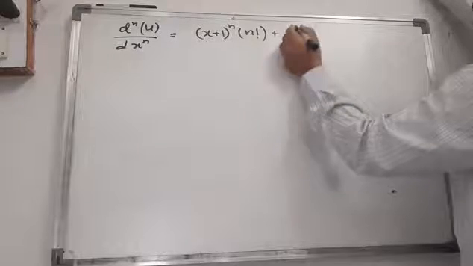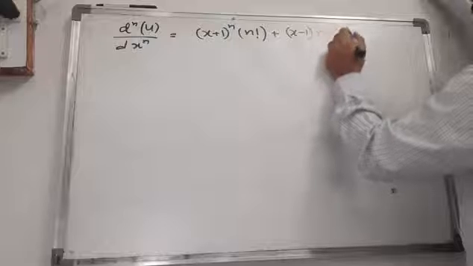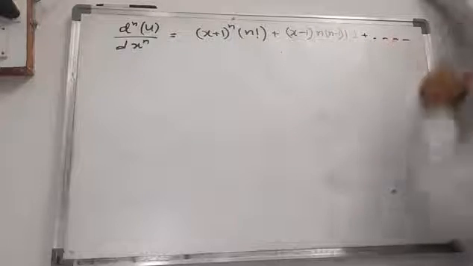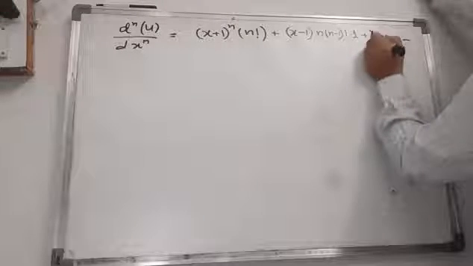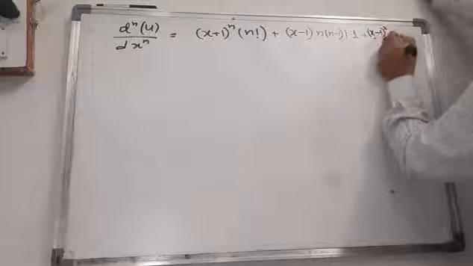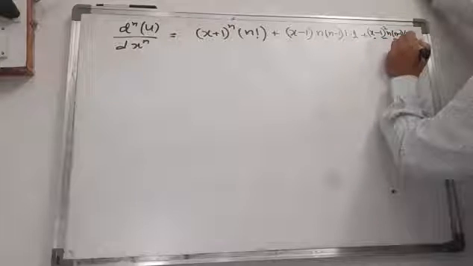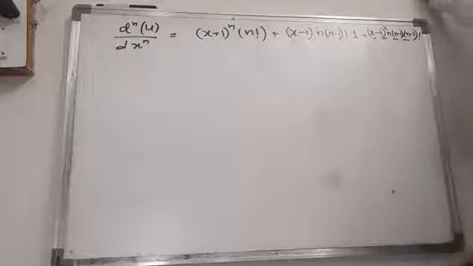So x minus 1 into n into n minus 1 factorial into 1 plus and so on, like this we got. Okay. So next term what it will be, x minus 1 whole square into n minus 1 into n minus 2 factorial. Okay, like that it will be.